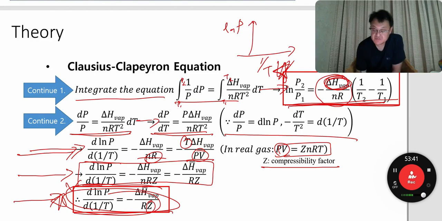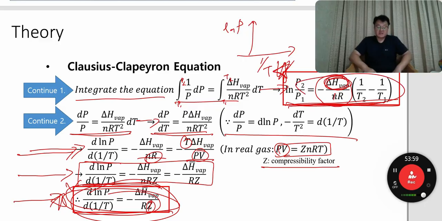When you just consider a 1 mole system, this can be just 1, okay. And when you just think about a situation where your gas is an ideal gas, then this is also 1. Then basically this and this become the same, okay?